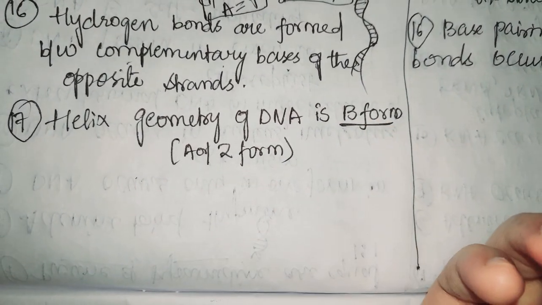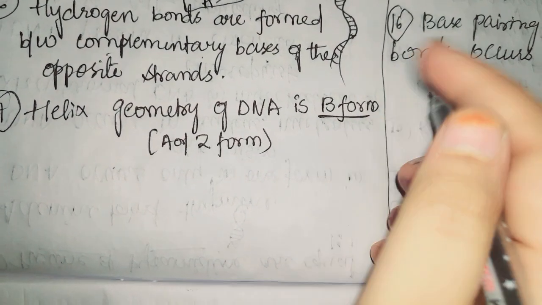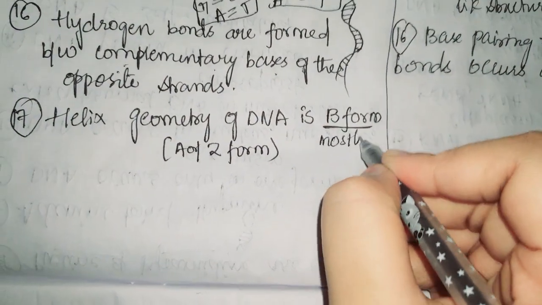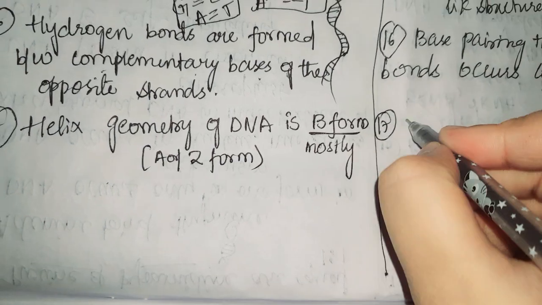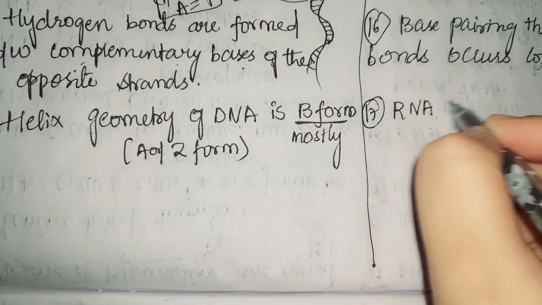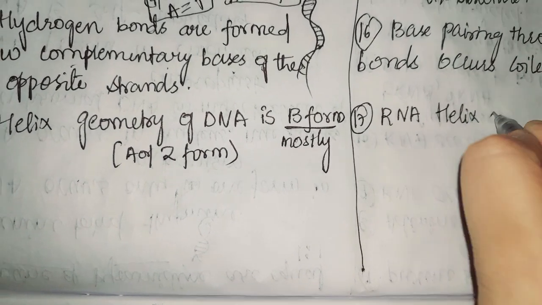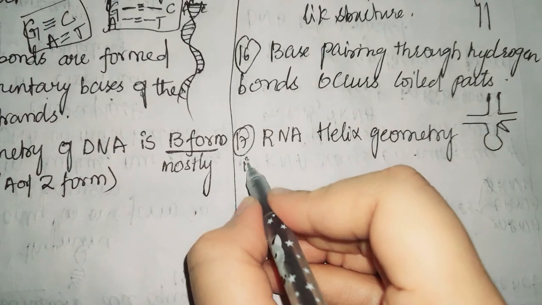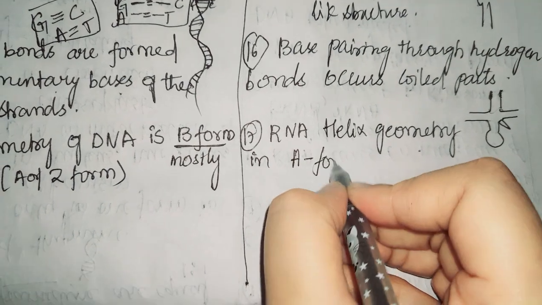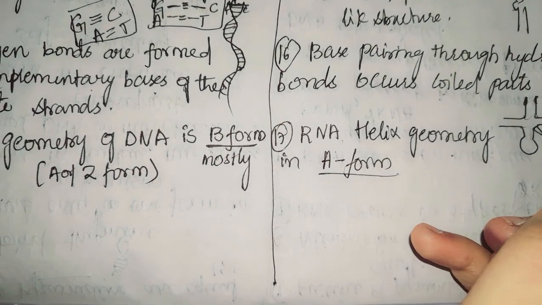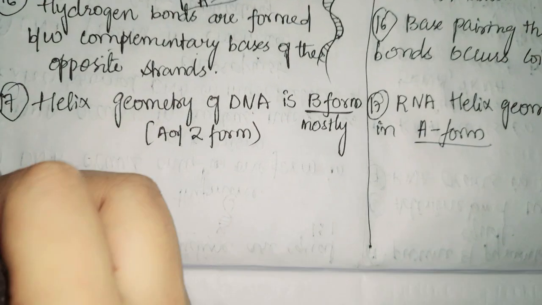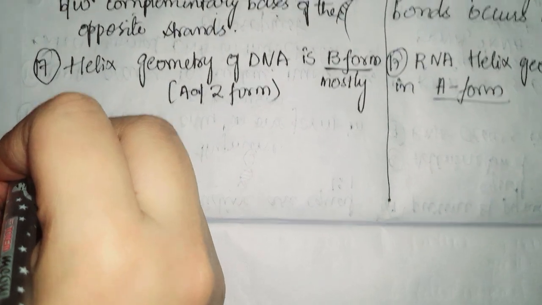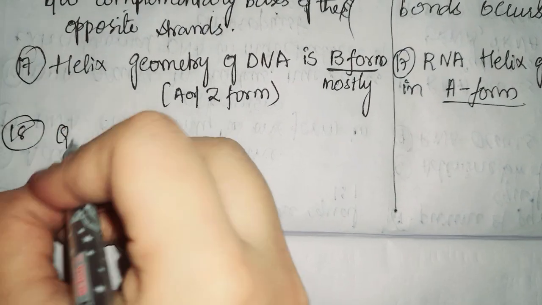A and Z forms are possible, but mostly it will be the B form. And the RNA helix geometry will be in the A form. Now we'll see the quantity.